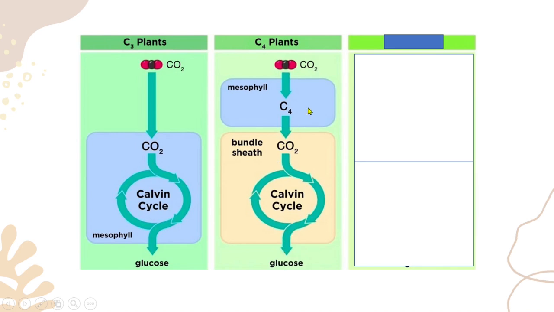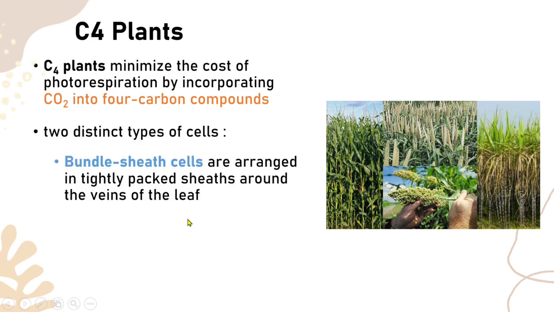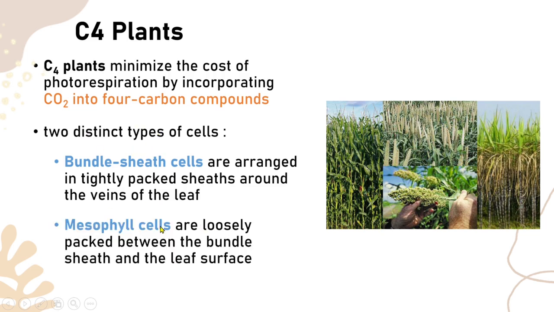So you can see in the C4 pathway a separation of space: mesophyll cell and also bundle sheath. So let's look at some of the characteristics. Again, in C4 plants, carbon dioxide is fixed into a 4-carbon compound, and there are two distinct types of cells, the bundle sheath and also the mesophyll cell.